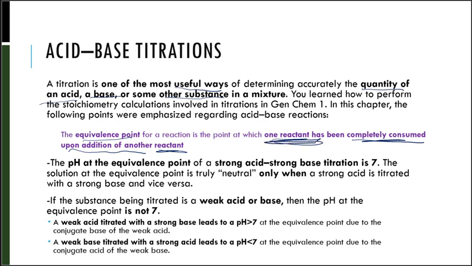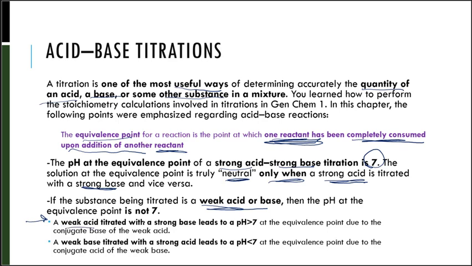The pH at the equivalence point of a strong acid, strong base titration is 7. The solution at the equivalence point is truly neutral only when a strong acid is titrated with a strong base, and vice versa. If the substance being titrated is a weak acid or base, then the pH is not 7. And here is one example.